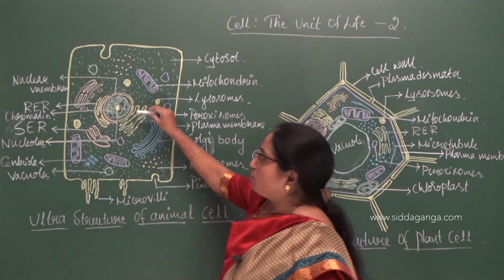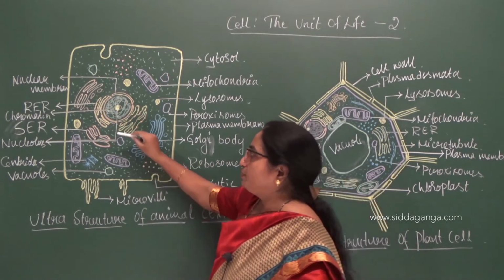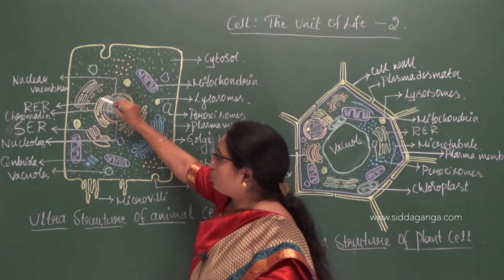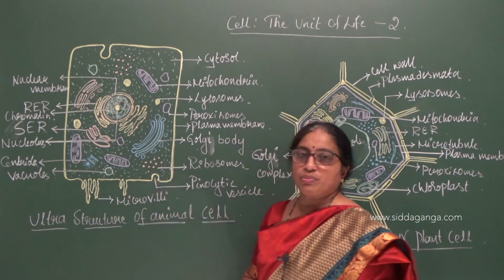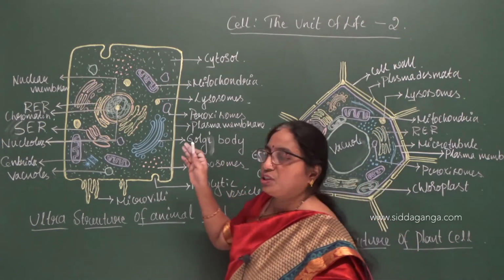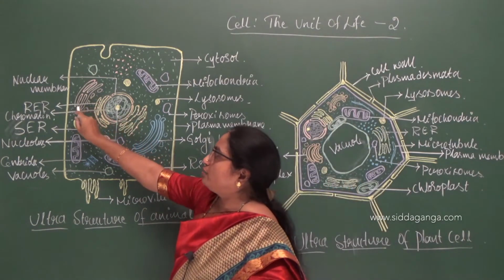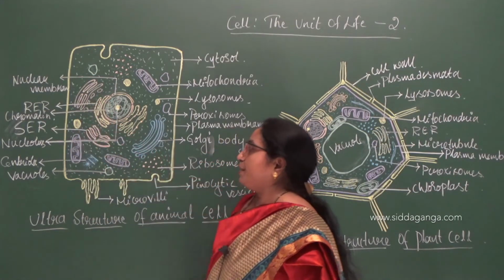So the nucleus is also surrounded by the rough endoplasmic reticulum. This is the endoplasmic reticulum where the ribosomes are studded, and since the surface becomes rough because of the presence of the ribosomes, it is called the rough endoplasmic reticulum. On the other hand, you also have the smooth endoplasmic reticulum, which is not studded with ribosomes.